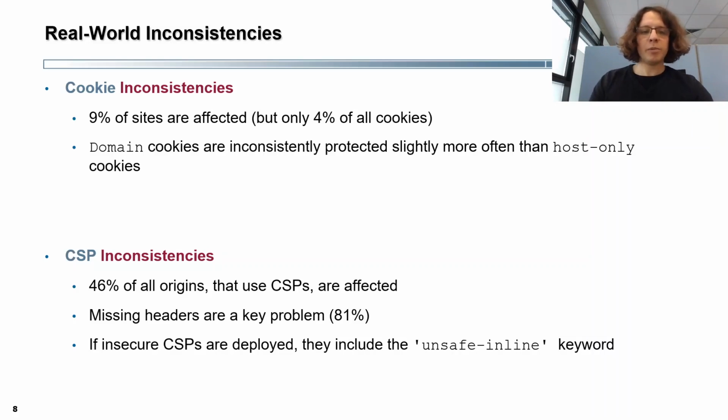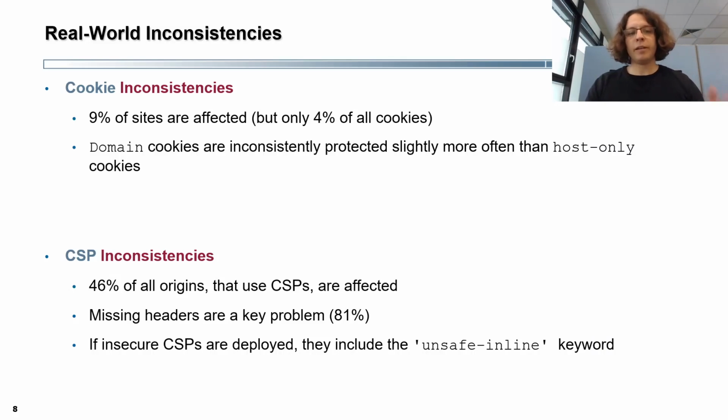In case of CSPs, we found more troubling results. Almost half of all origins that used content security policies are affected by inconsistencies. So almost half of all origins that try to protect themselves against cross-site scripting attacks with CSPs don't really do it because they deploy them inconsistently.